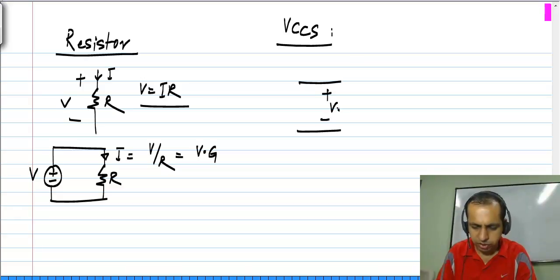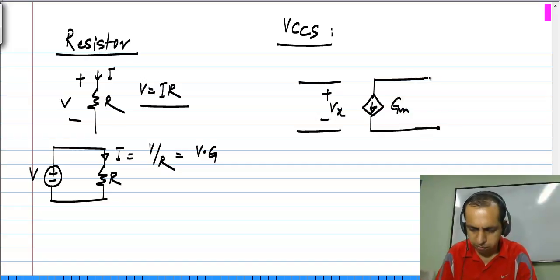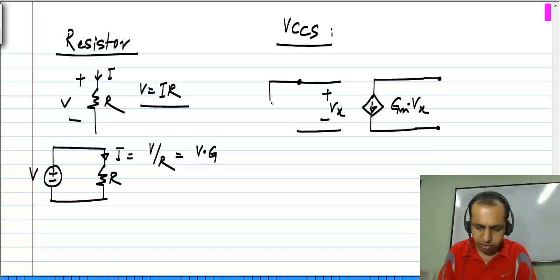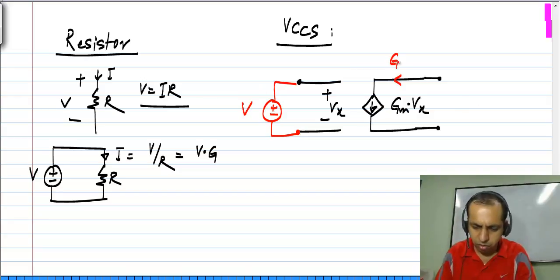There is a certain voltage Vx, and let me define this to be Gm times Vx. So what it says is, if I apply a voltage V here, a current Gm times V will flow over there.